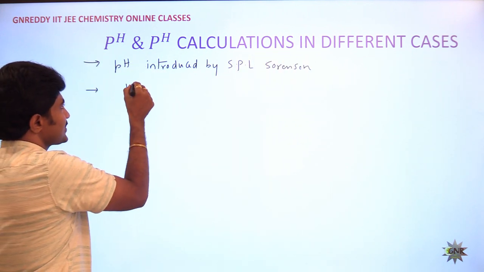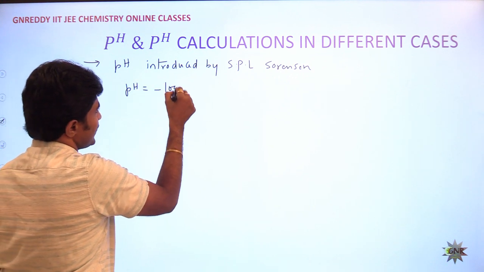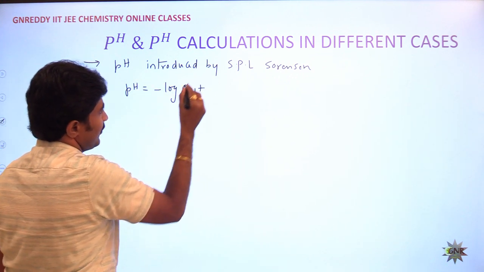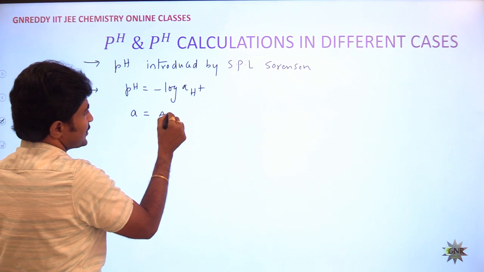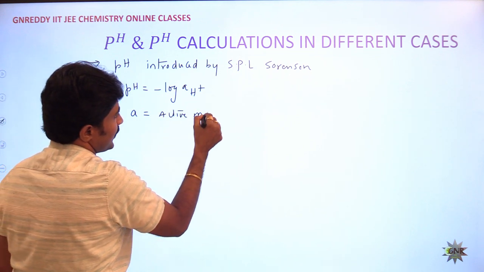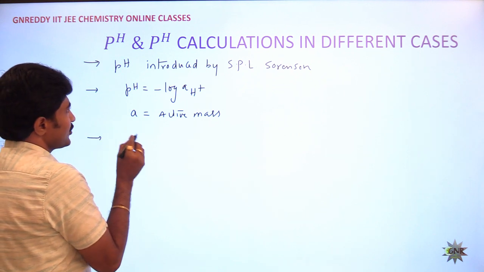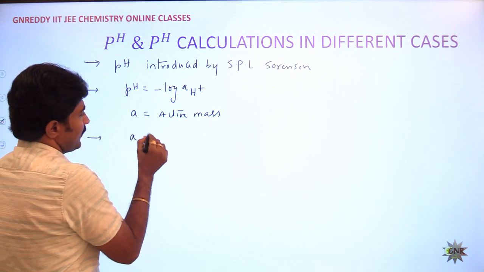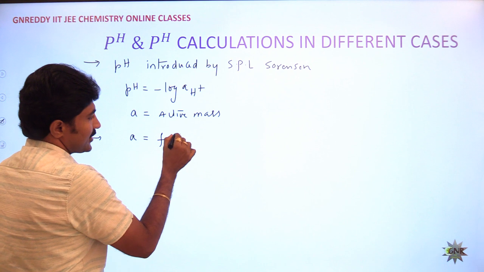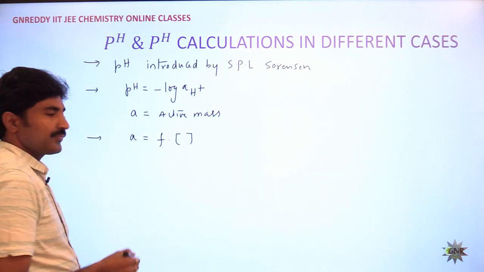This is minus log of the active mass of H plus, where a is the active mass. Here this is also written as activity coefficient into molar concentration.